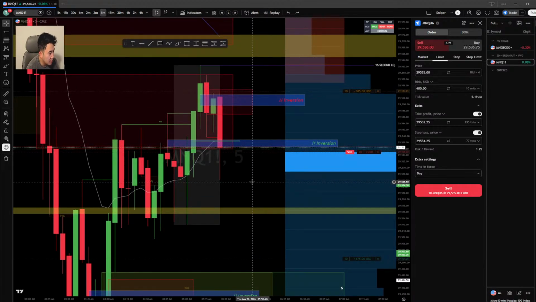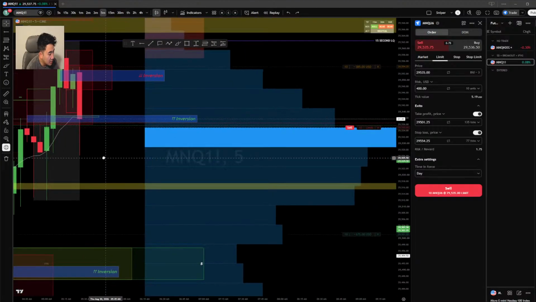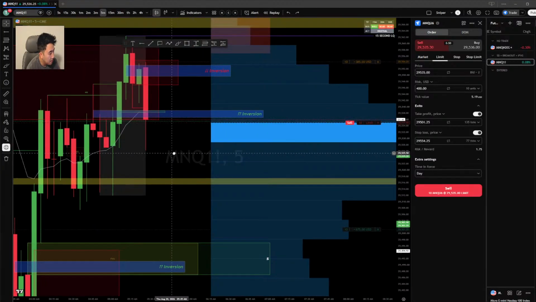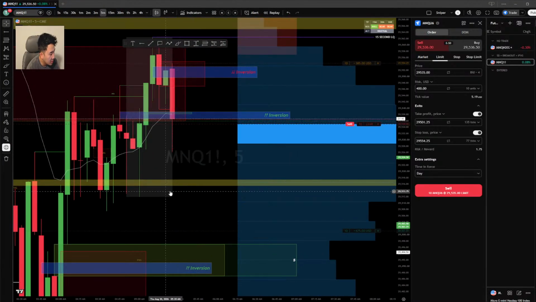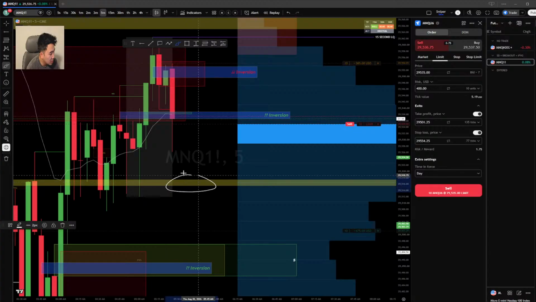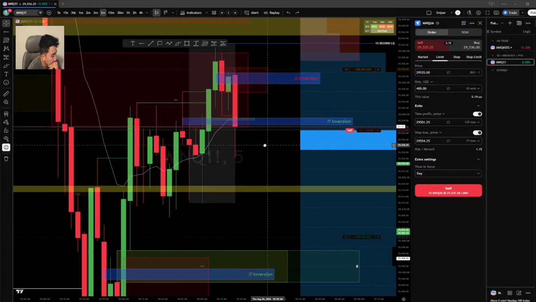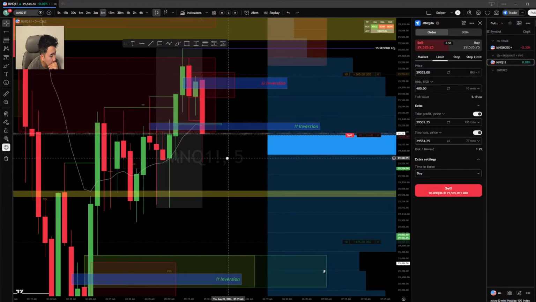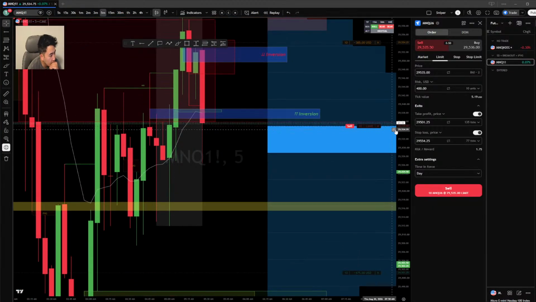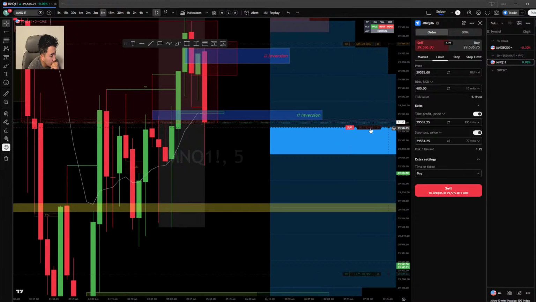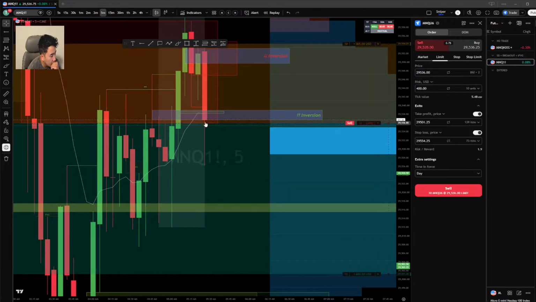We have 1 minute and 53 left. So let's see what happens. If we enter and then it hits this support zone, I would trail it on the 15-second time frame. Looking for that close and break over on the 1 minute.